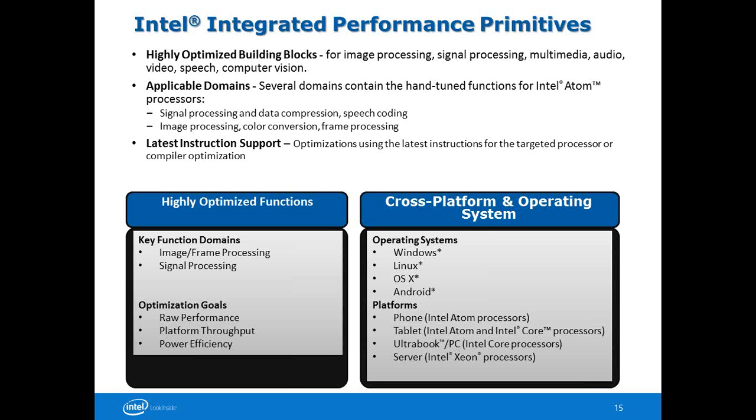Intel IPP is, you can essentially say, just a library that will provide you with building blocks for different operations or activities like image processing, signal processing, multimedia, speech recognition, computer vision, video playback, and so on and so forth.